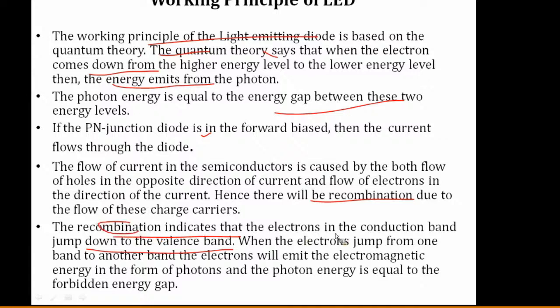Actually, the recombination meaning is electrons will be there in the conduction band, and now they jump to the valence band. Now, when the electron jumps from one band to another band, the energy in the form of a photon is exactly equivalent to the forbidden energy gap. This is the basic working principle of your light emitting diode.